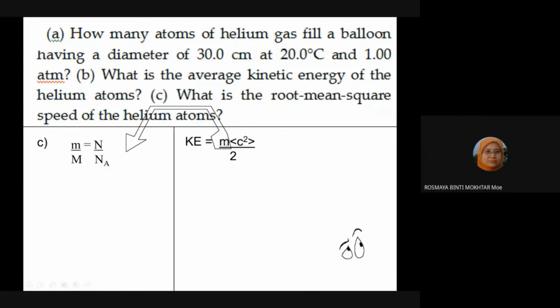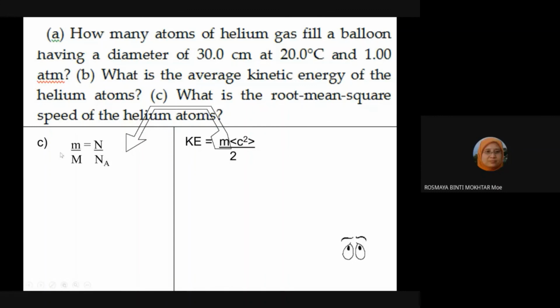To calculate the mass of the helium gas, we use this relationship from the previous lesson, in Form 4 and Form 5 you've also learned this. This is the mass for one molecule of the gas.